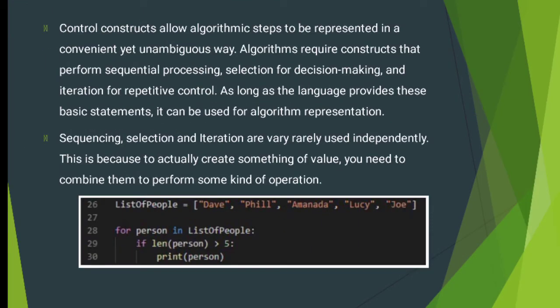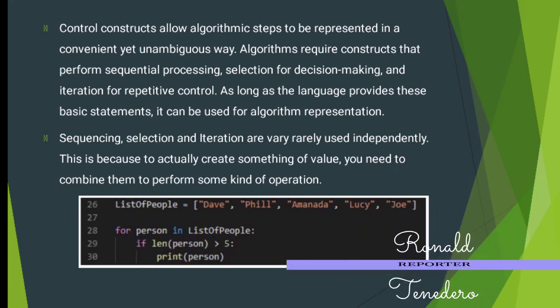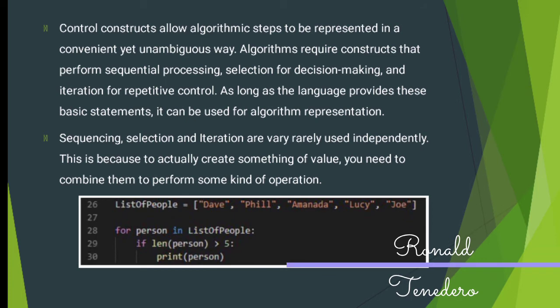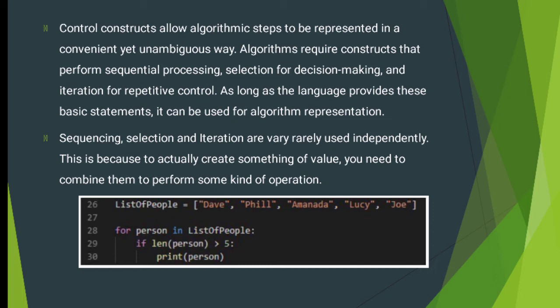Hello everyone, this is Ronald Nader for the combination of three algorithmic operations. Control constructs allow algorithmic steps to be represented in a convenient yet unambiguous way. Algorithms require constructs that perform sequential processing, selection for decision making, and iteration for repetitive control.